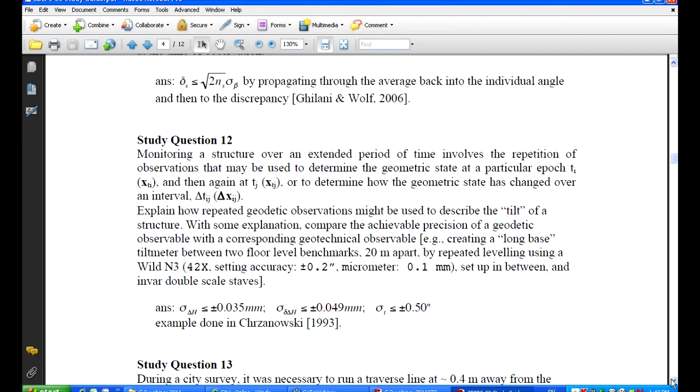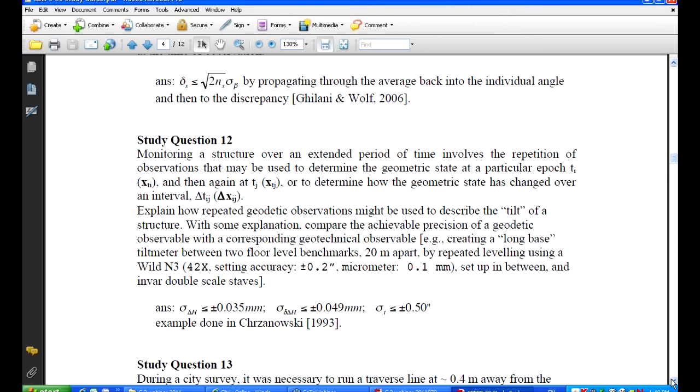And so we have a Wild N3, which is a precision tilting level with a 42 power magnification, setting accuracy, which is basically the ability for the instrument to define the level reference as plus or minus 0.2 arc seconds, and the micrometer reading of 0.1, which can be estimated to 0.01.